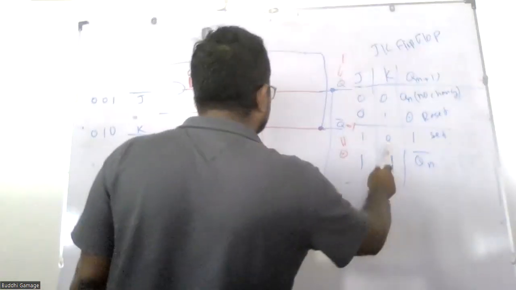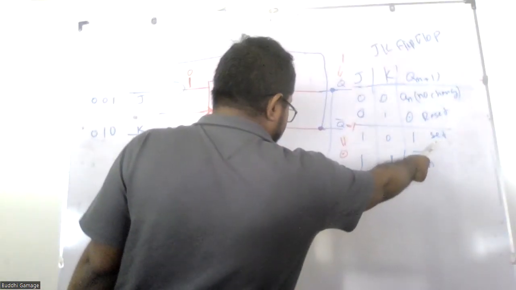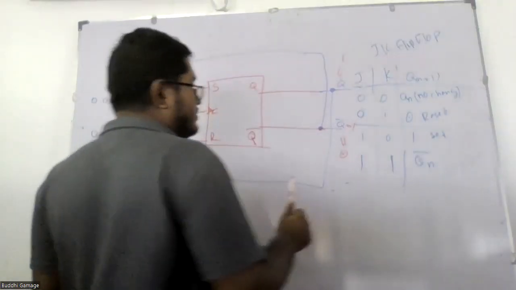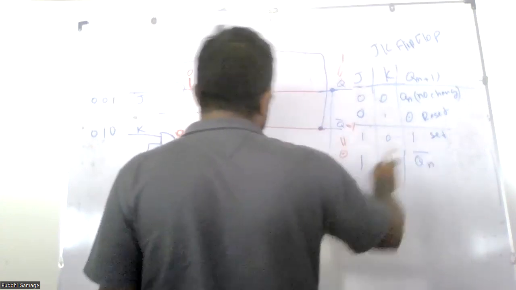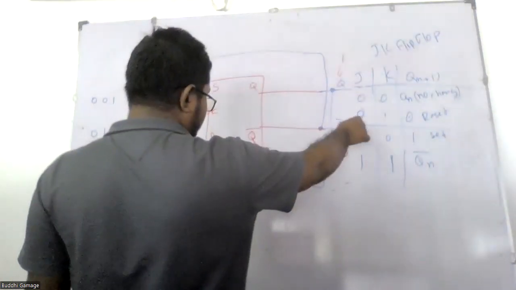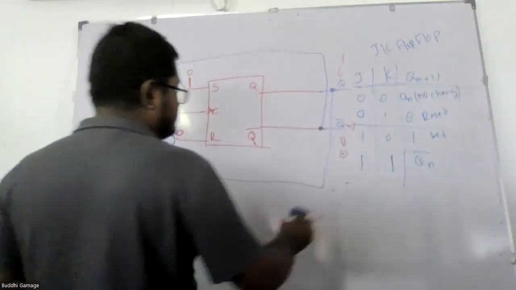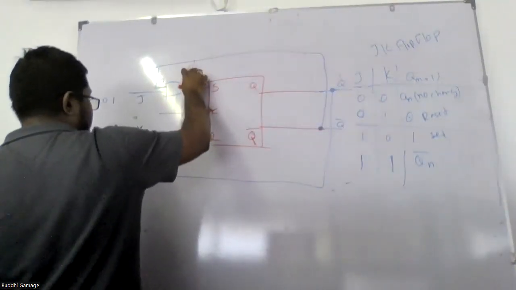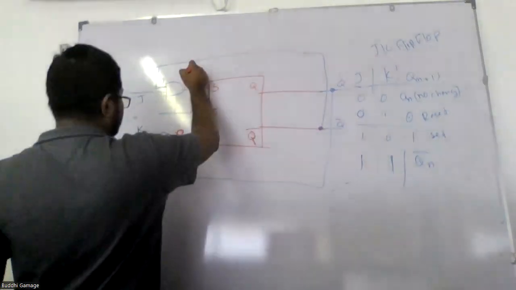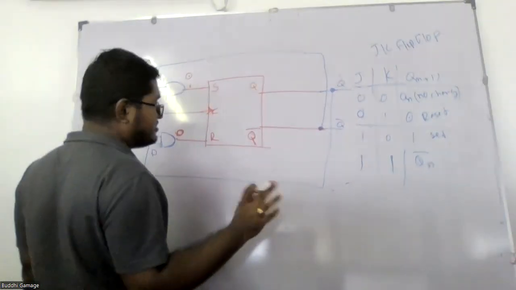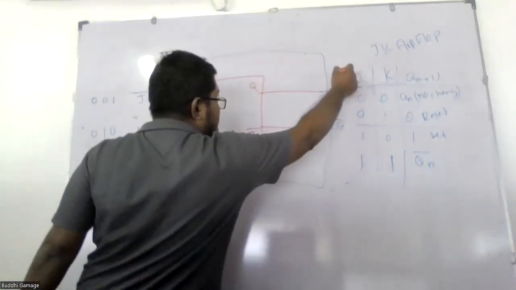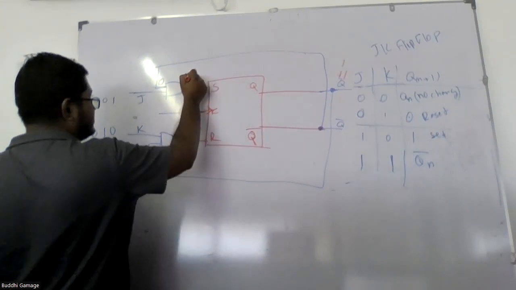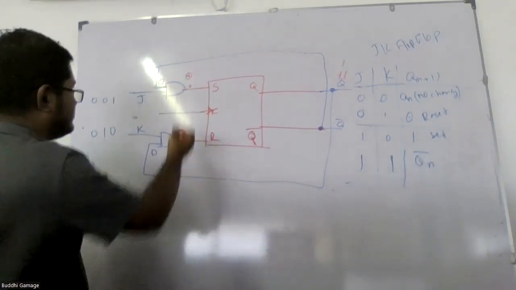Set state means where Q, our current value Qn plus 1, will be 1. Then there will be a change for this one. Right? So then take where this Q bar is 0. Q bar is 0. Then Q should be 1. Right? So what has happened is now in the no change state, right?